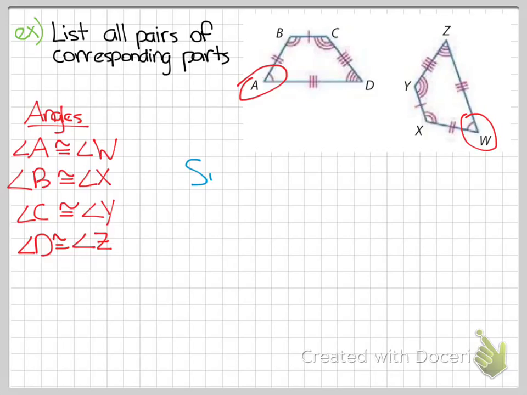Now let's look at the pairs of corresponding sides. So we know that side BC is congruent to side XY. They both have 1 mark. Side AB is congruent to side WX.